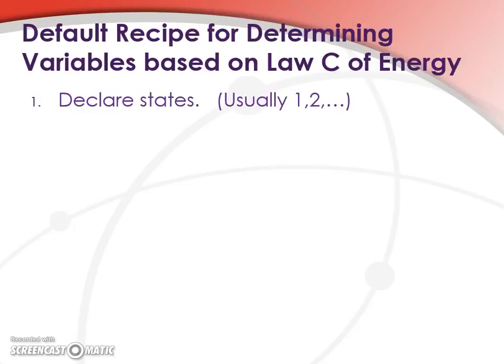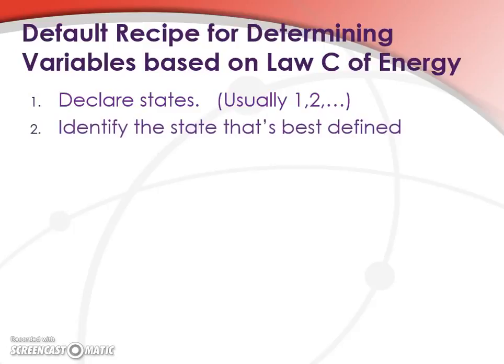If we want to solve for a given problem using the law of conservation of energy, it's not a particularly difficult thing to do. First off, we need to declare our states so that we're clear on which parameters belong in which time frame. And for convenience, you can just say state 1, 2, 3, etc. Then the easiest approach to take is to identify the state that's best defined.